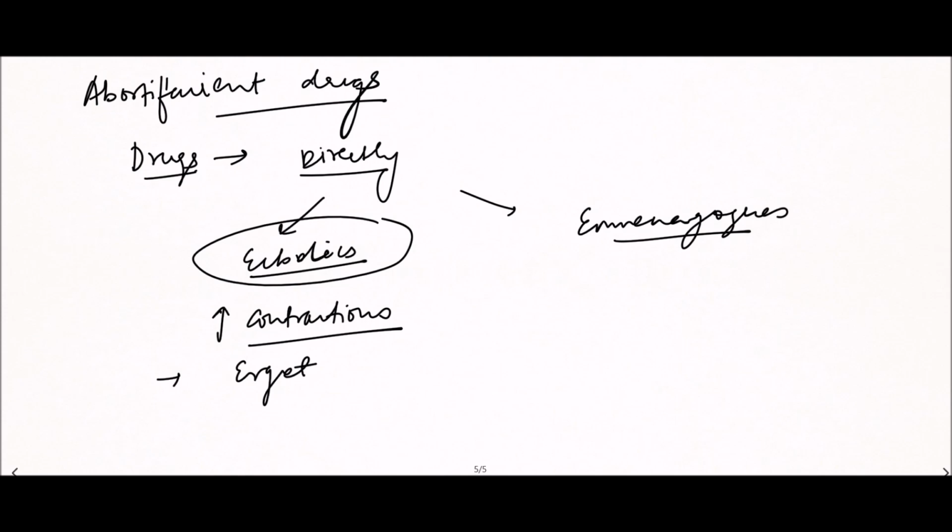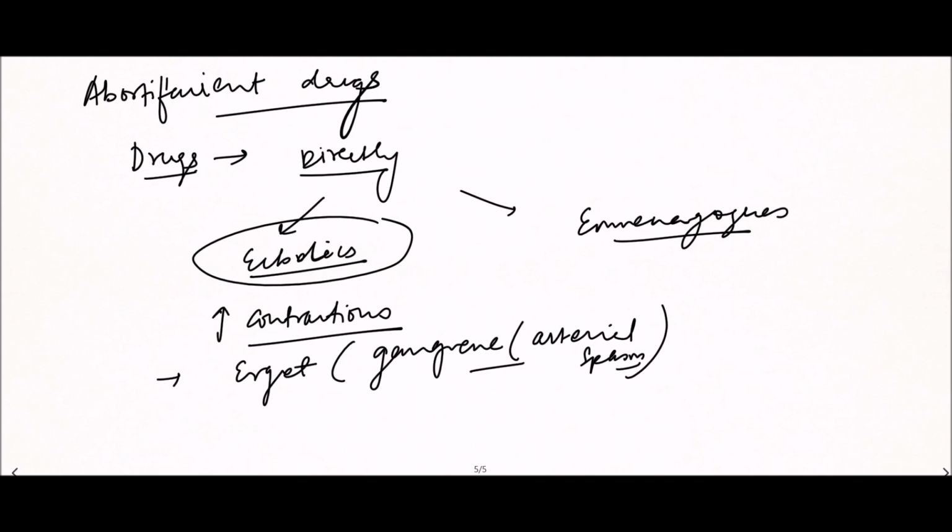Now, the main side effect of this ergot is toxic circulatory side effect because it causes gangrene due to arterial spasm. So this is the side effect of ergots.